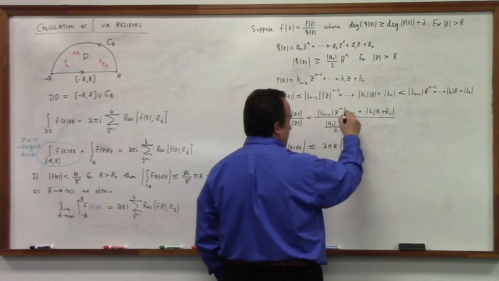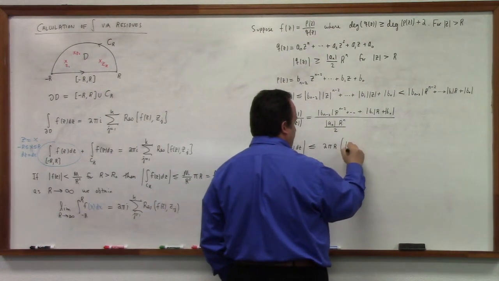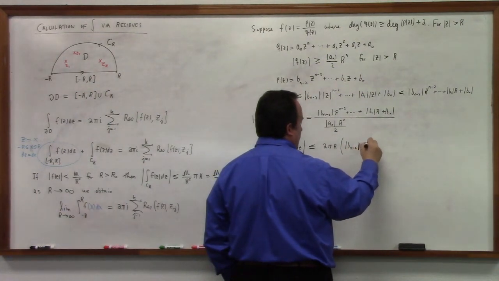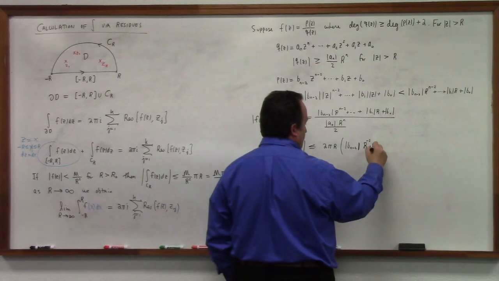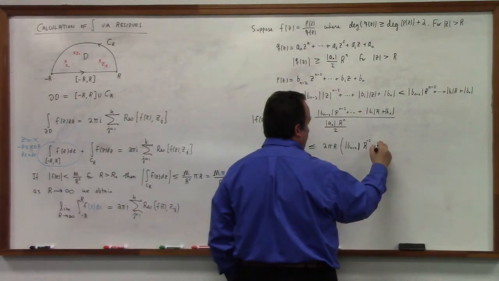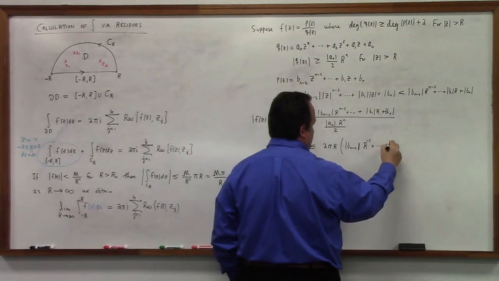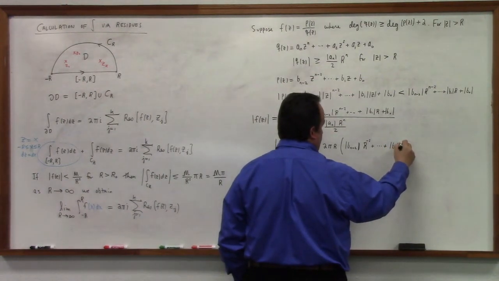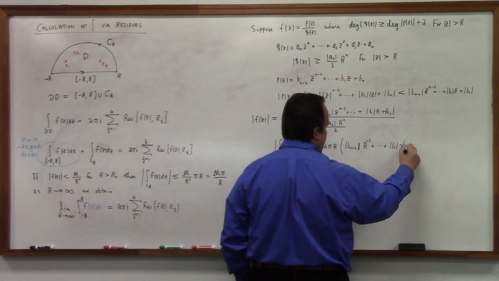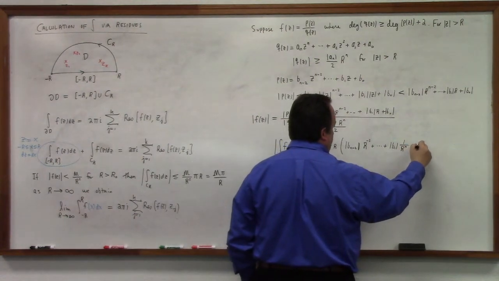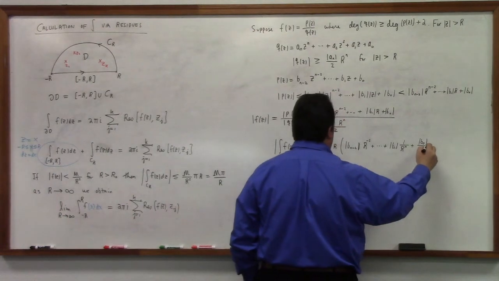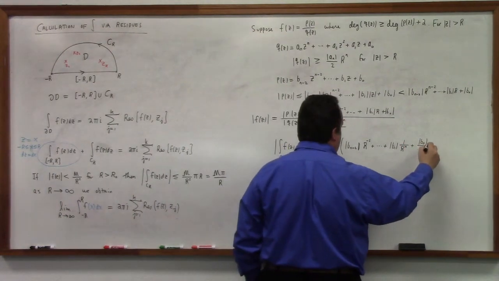You get the modulus of b_(n-2) times R to the minus 2 plus, eventually, the modulus of b_1 times 1 over R to the n, and the modulus of b_naught over R to the n.